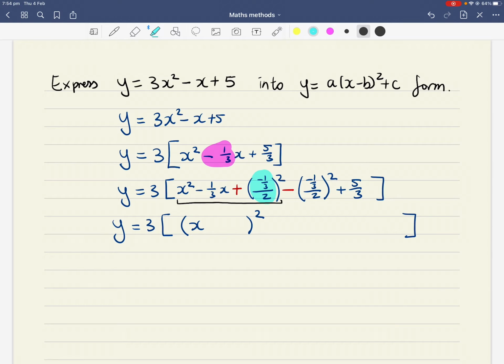So that's negative 1/3 divided by 2. So half of a third is 1/6. So that becomes minus 1/6. So don't forget the minus sign. We can then simplify the fractions at the end.